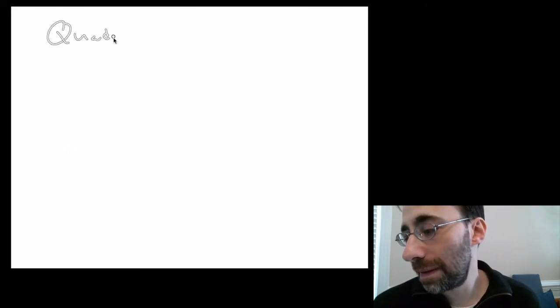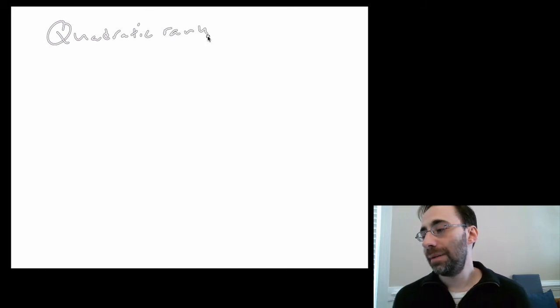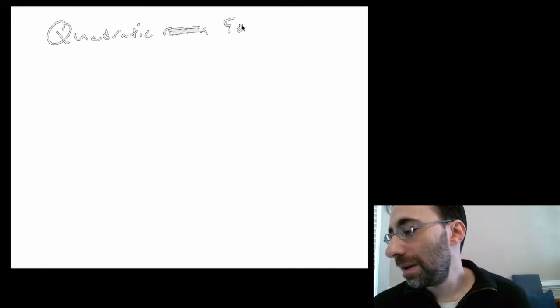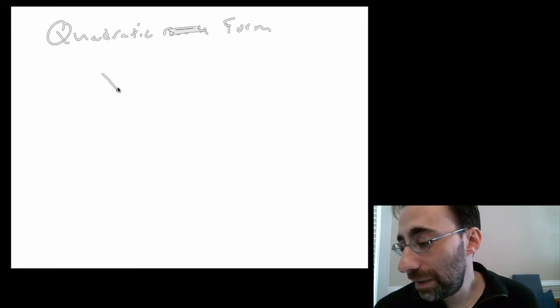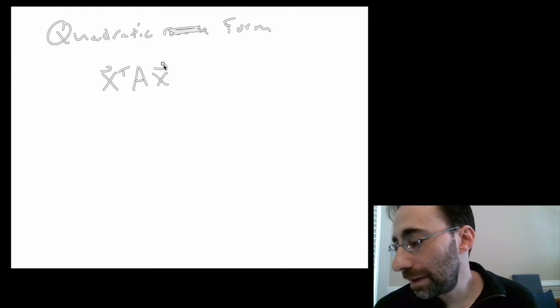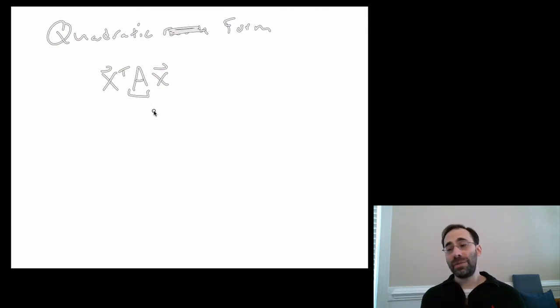Before we go on, though, one last thing is the notion of quadratic forms. This is not strictly linear algebra anymore, because we're no longer being linear, but it's the exact same technology we've built up so far, so it's worth just sticking in here real fast. If x is a vector, and A is a matrix, then x transpose A x is a quadratic form.